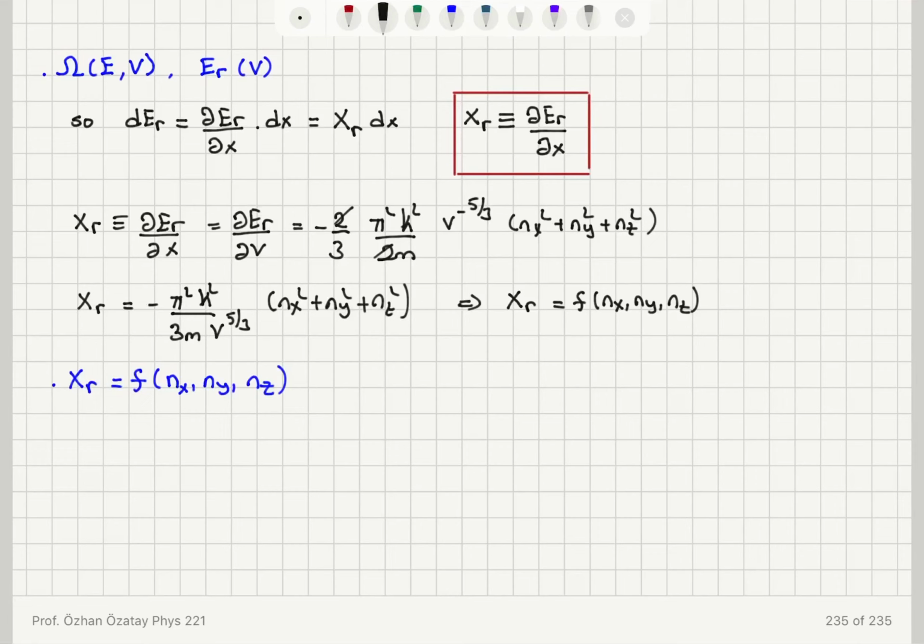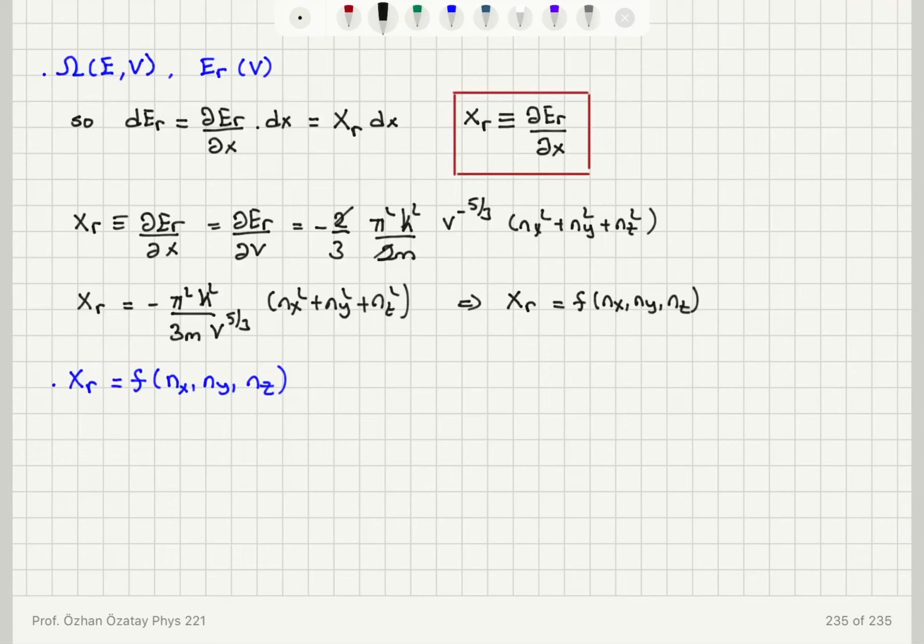When we look at the variation in the energy level when I change the external parameter of the system, keeping the quantum numbers the same, that is del E_r del x multiplied by dx, equal to dE_r, because nothing else is changing. I have defined the variation in the energy level with respect to the external parameter x, del E_r del x, as capital X sub r.